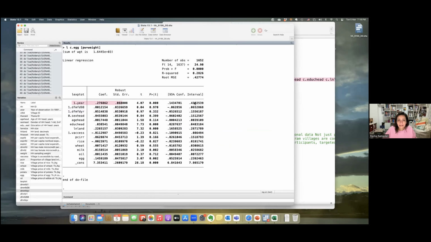here you can see the year is still significant. What does this coefficient mean? Or what changed? It's not significant anymore, no? Yes.